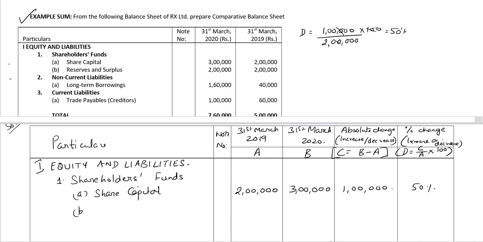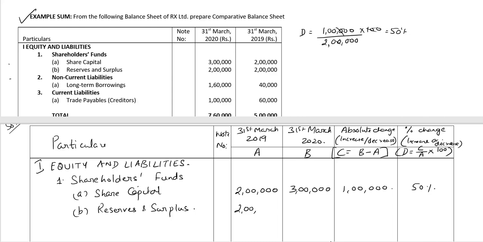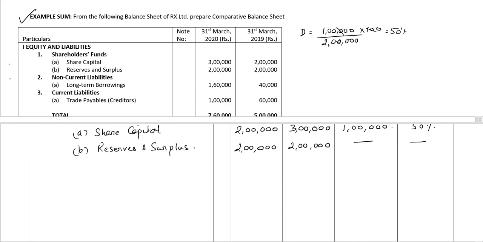Let's move on to B, reserves and surplus. March 2019 figure 2 lakh. 31st March 2020 figure is also 2 lakh. Absolute change 2 lakh minus 2 lakh is nil, and therefore the percentage change is also nil. We have 2, non-current liabilities.